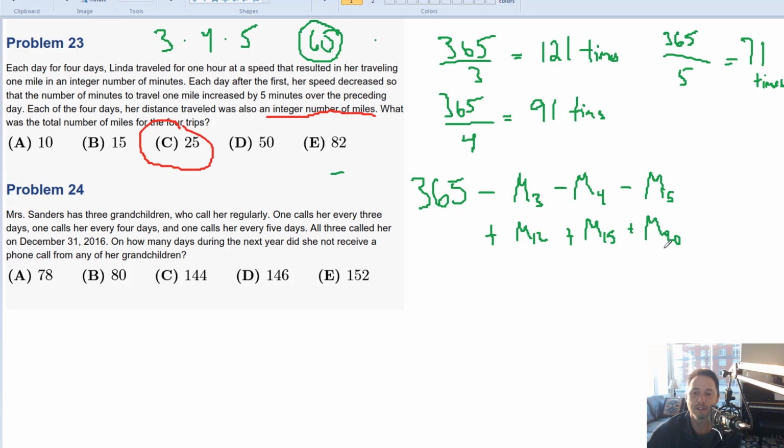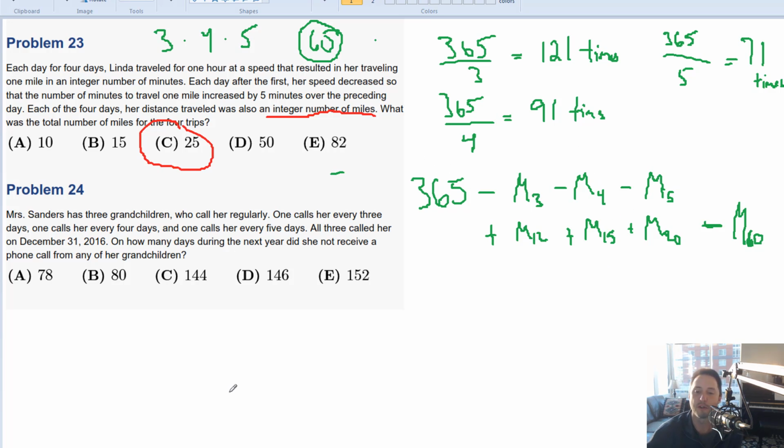So now it looks like the 60th day is not even counted in. So now we have to add in. Wait, is that right? No, we have to subtract the multiples of 60. Okay, because they were not subtracted yet. We subtracted them and then added them back in.